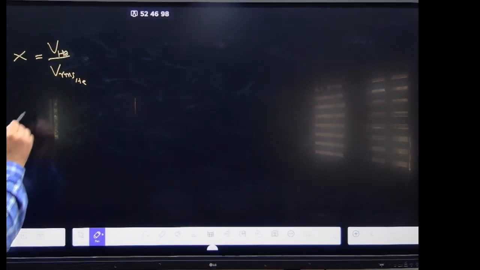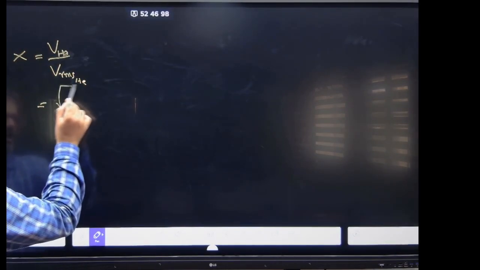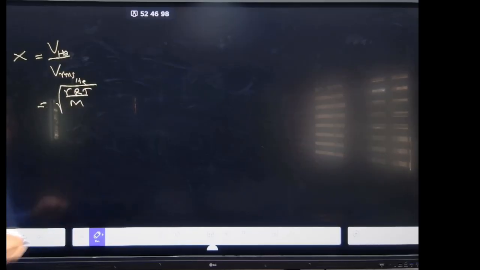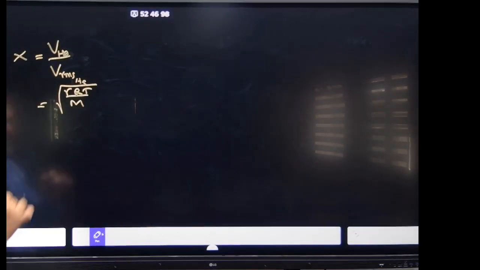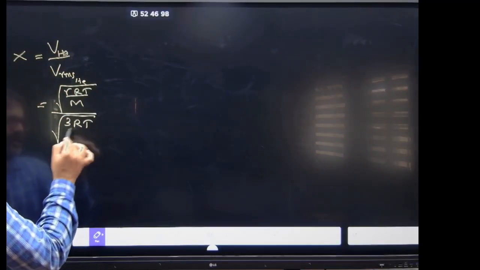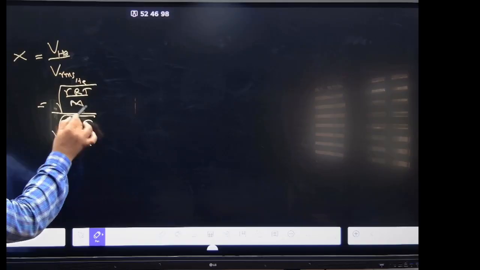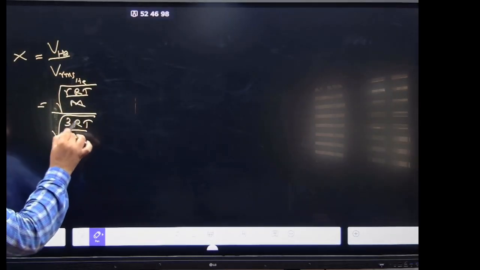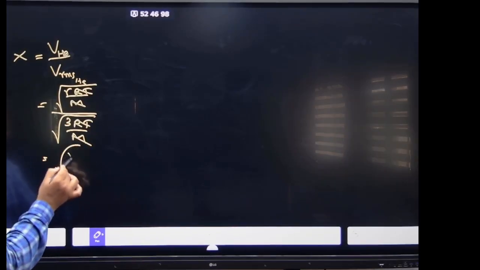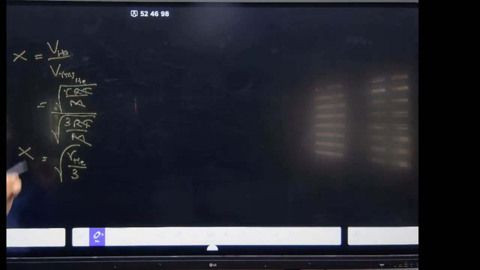VHe can be written as root of gamma RT divided by M, and we can take the RMS velocity as root of 3 RT divided by M. So, M and M get cancelled, RT and RT get cancelled. That means we get root of gamma He divided by 3. So, this is x.